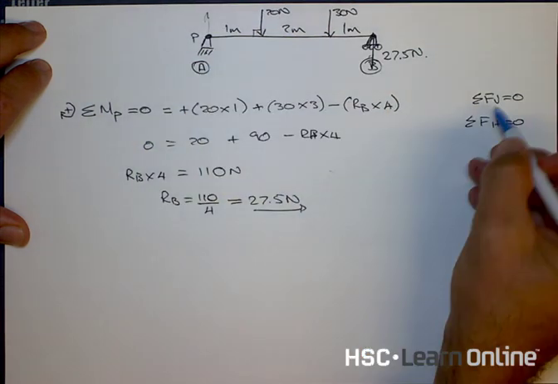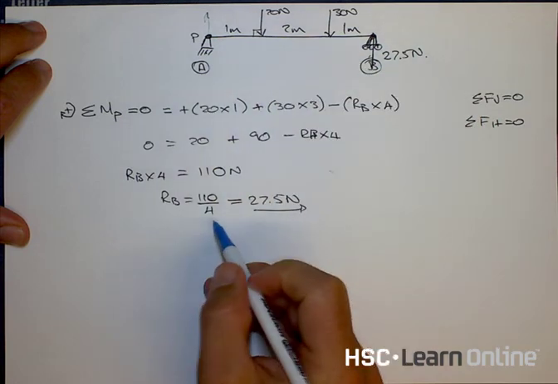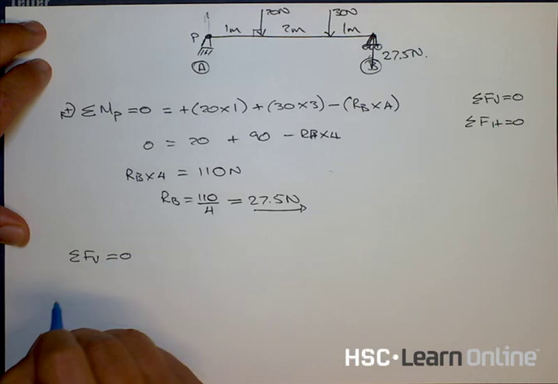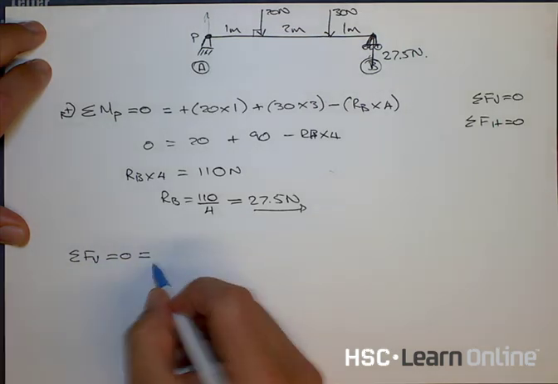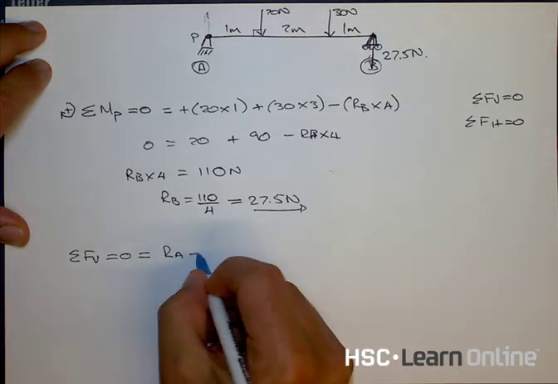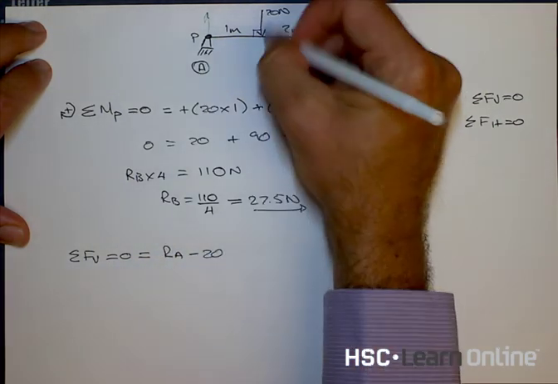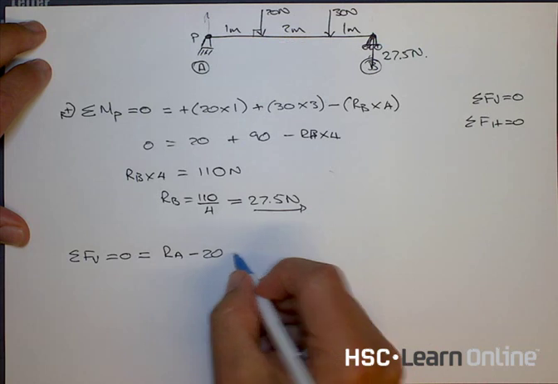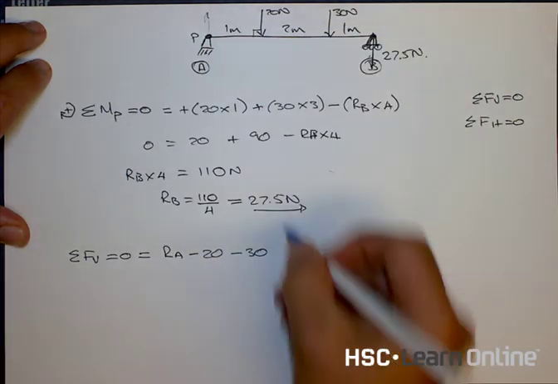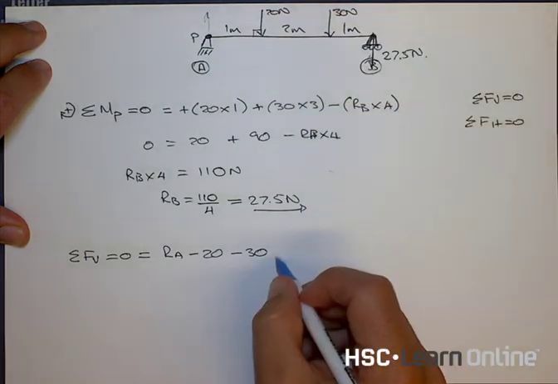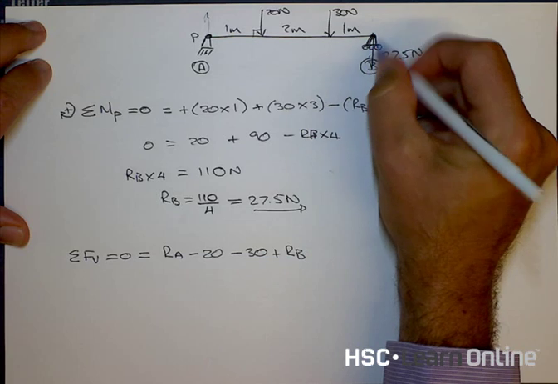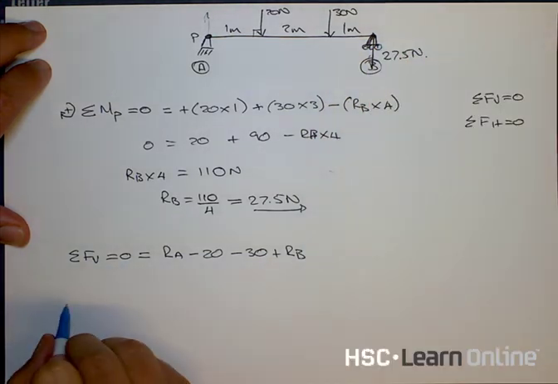And so if that's the case, and we've only got vertical forces, we can say that the sum of the forces in the vertical must all equal 0, which means that the reaction at A, which is positive, minus the 20, which is negative because it's down, minus 30, which is that force down, plus the reaction at B, because we know that that's a positive reaction, must all equal 0.